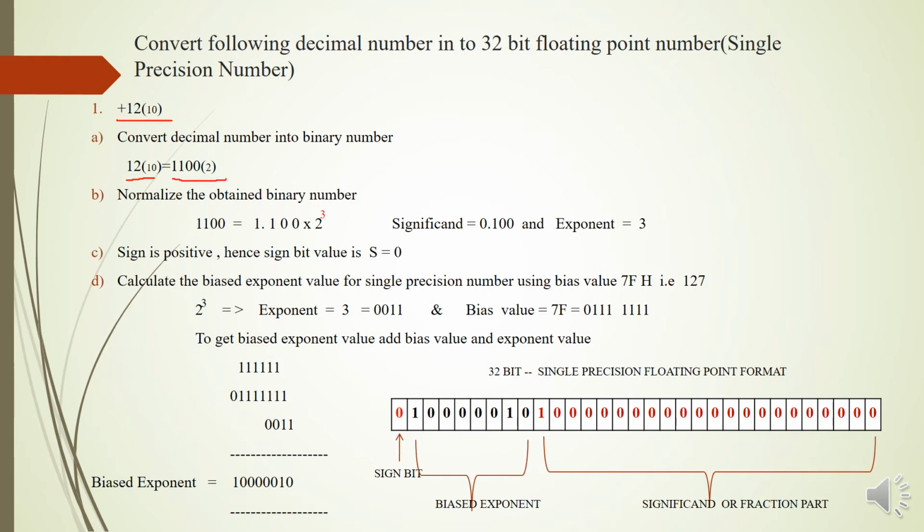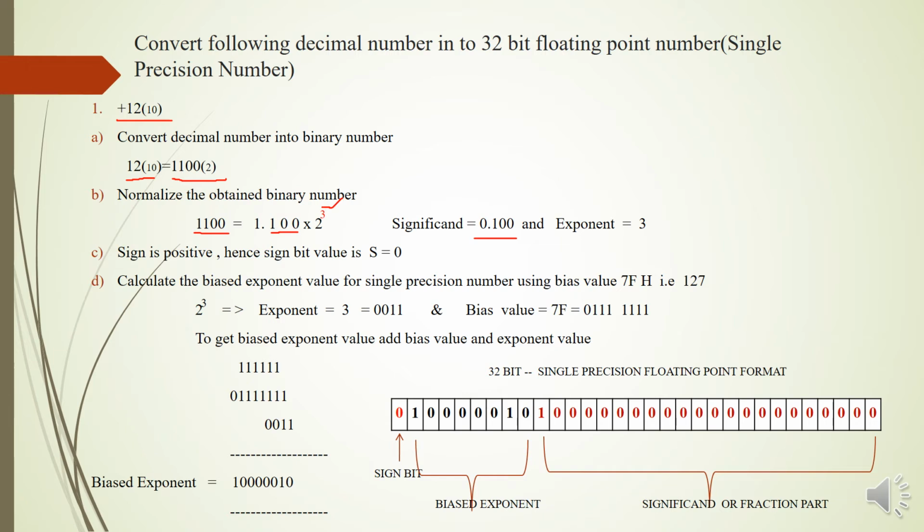For 12, we get the binary number 1100. Convert the binary number into normalized form by placing the binary point after the MSB, and whatever lower bits remain are considered the significand, and the number of bits after the binary point will be the exponent value.